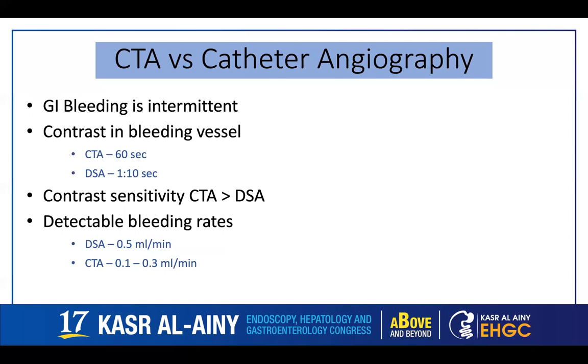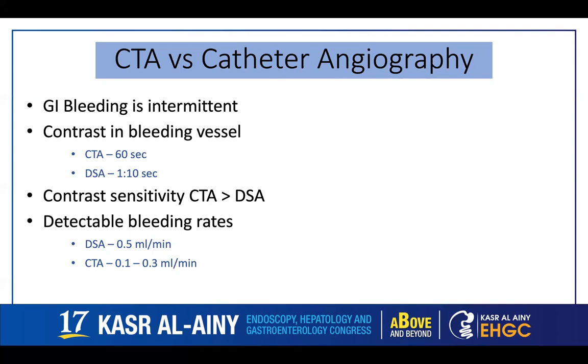So what about a comparison between them? In patients who bleed from the GI tract, we should know that the bleeding is intermittent. So CT angiography may be done at a time in which the patient is not bleeding.